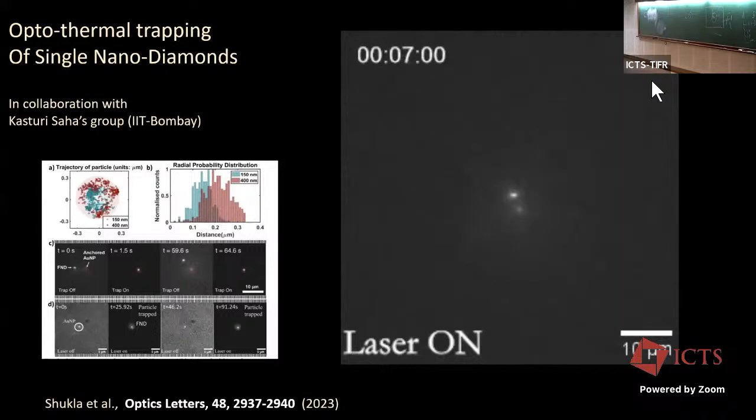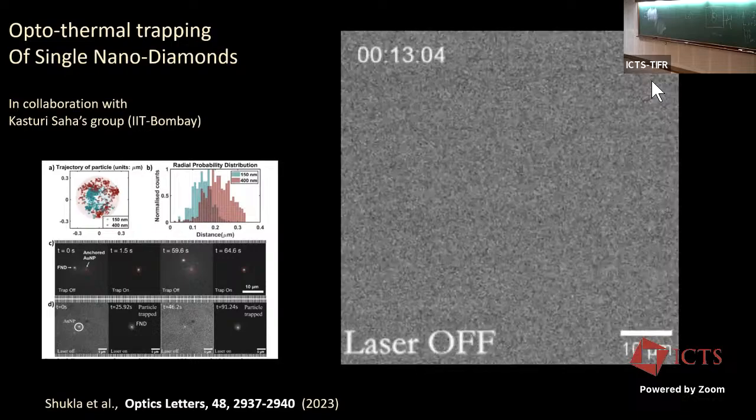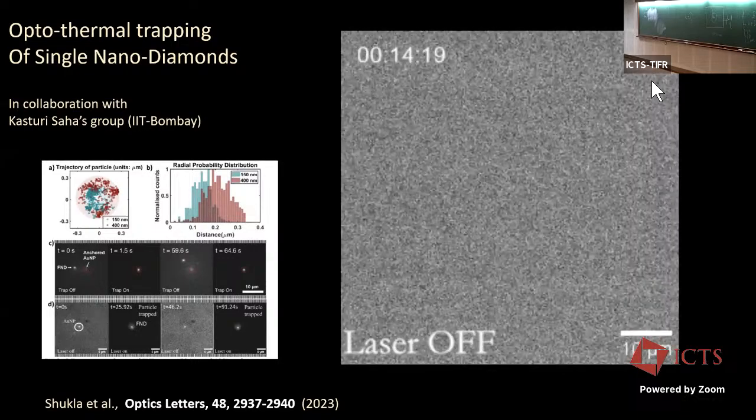Importantly, you can also study the spectral signature of this trapped object. By the way, this is a technique which is an optical trap combined with a dark field microscope with a superimposed EMCCD-based photoluminescence detection technique. So it's a custom-built setup.